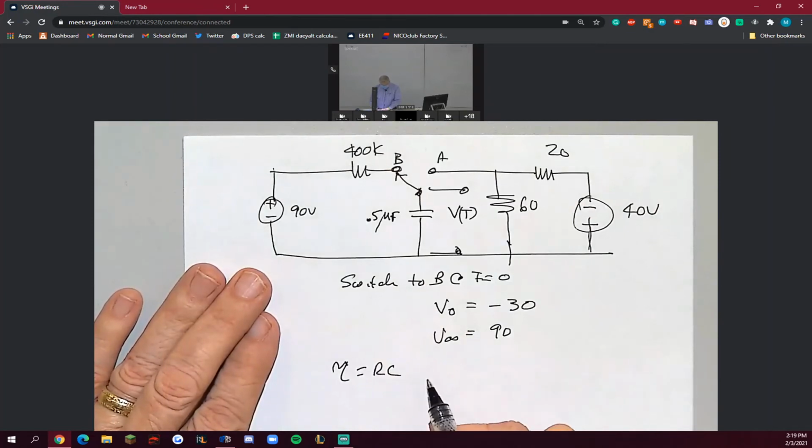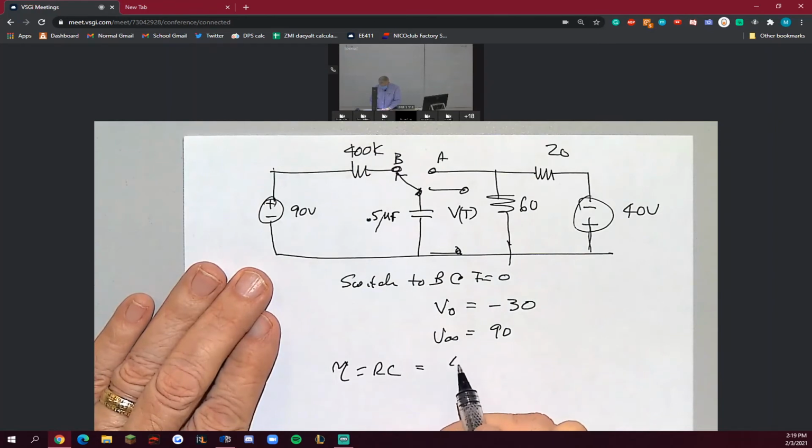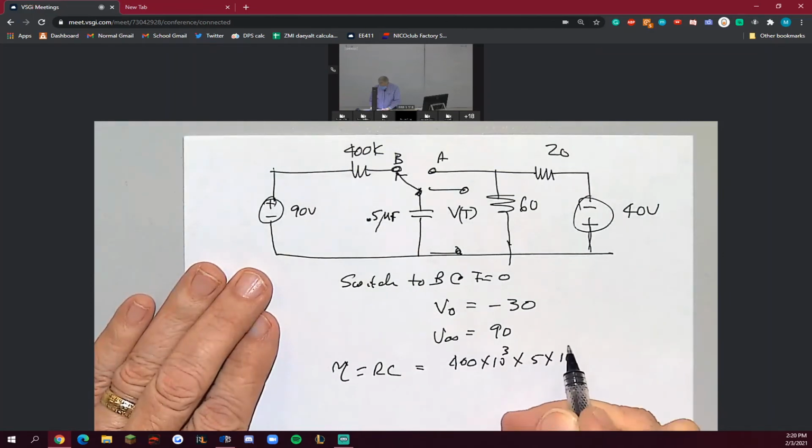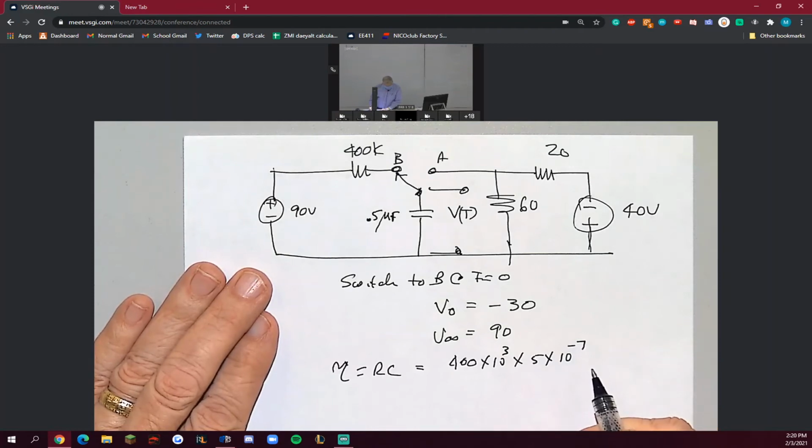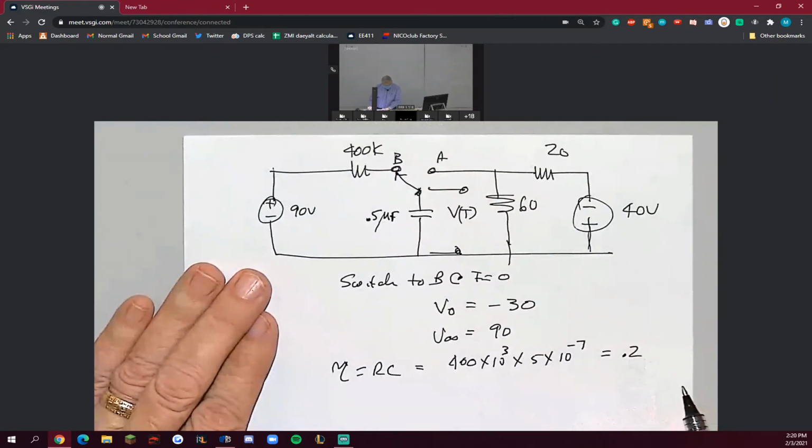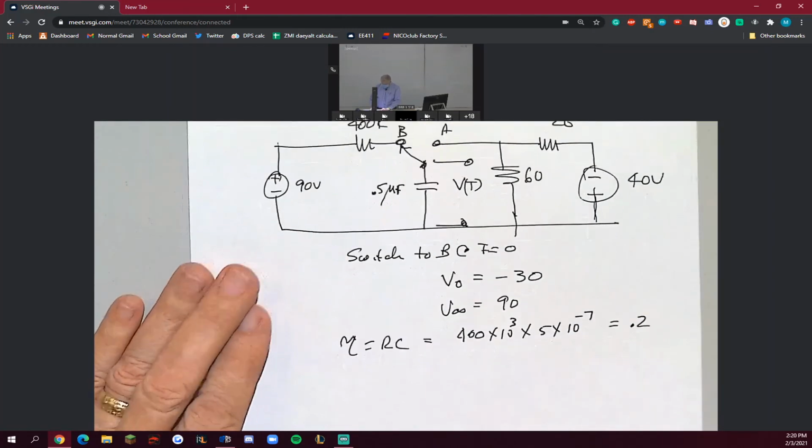So tau is equal to RC, which is 400 times 10 to the third times 5 times 10 to the minus 7, and that's equal to 0.2. Is that right? Yes. Yeah, that's right. 4 times that would be, yes, that's 0.2.